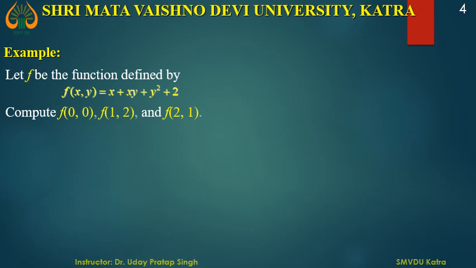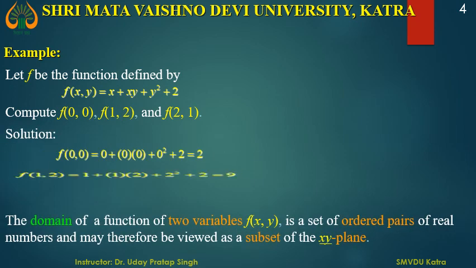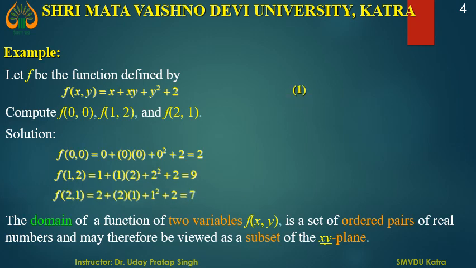Now, let us consider a simple example. If f of x, y is equal to x plus xy plus y square plus 2, then we have to compute f of 0, 0, f of 1, 2 and f of 2, 1. What is f of 0, 0? F of x, y is given by equation 1.